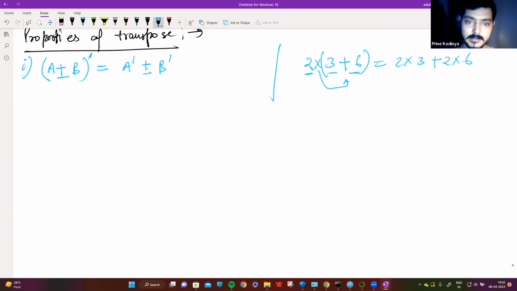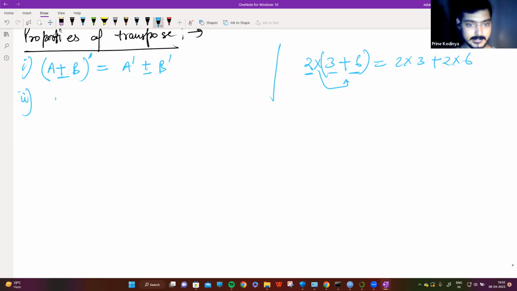Similarly, transpose is distributed over addition and subtraction. You can directly distribute it. So if you're adding two matrices and taking the transpose, just take the transpose of every matrix. It may be more number of matrices as well, not just 2. But it is directly distributed.